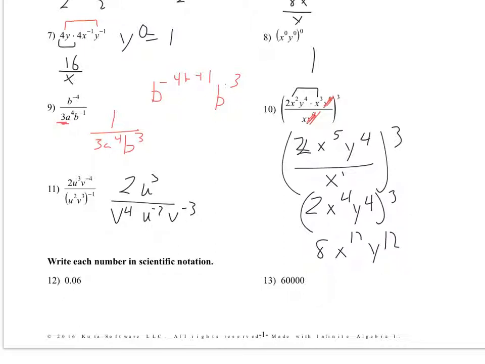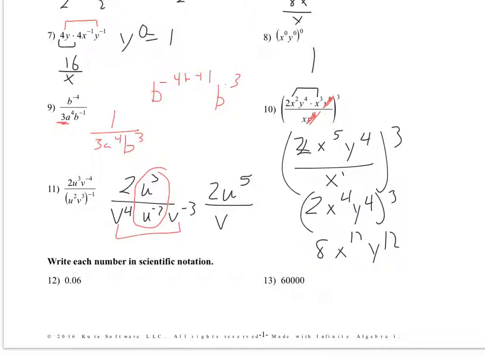Now we'll just combine the powers. Those combine and these combine. So on top I end up with 2u to the third minus a negative 2 is u to the 5th, all over v to the 4th plus negative v to the third is v.